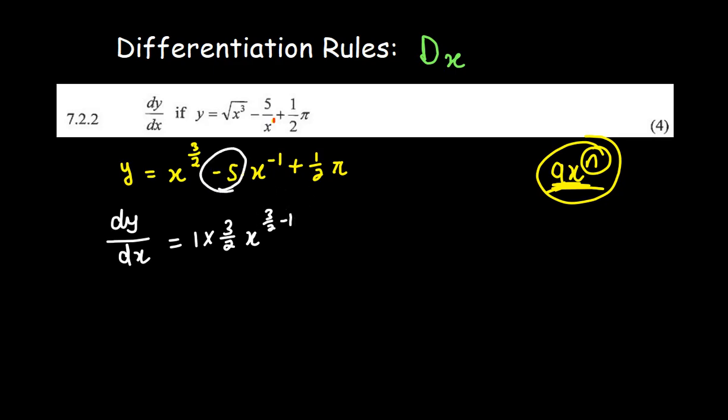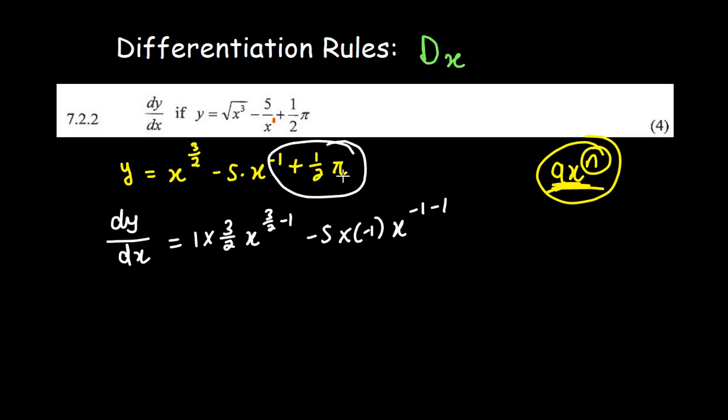You're going to say this number times the exponent, so -5 times -1, and then x to the power of -1 minus 1. Remember you always subtract 1 from the exponent. Now what about this one here? It's pi, it's a number, so it's just a constant. Remember, the derivative of a constant is 0.